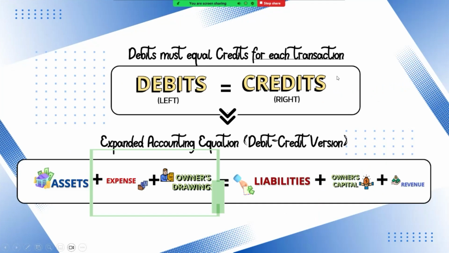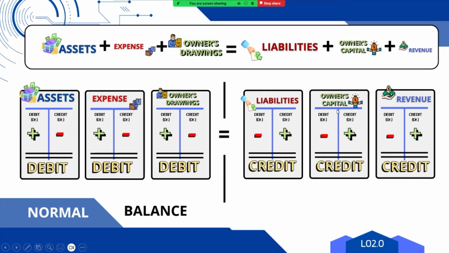This is where we tried to crystallize that maybe we can reformat our expanded accounting equation, move to the left all of the negative ones, and come up with this master copy for us. The ones on the left are the ones that have a normal balance of a debit, namely your assets, your expenses, and your owner's drawings. And the ones on the right would be your liabilities, owner's capital, and revenue.